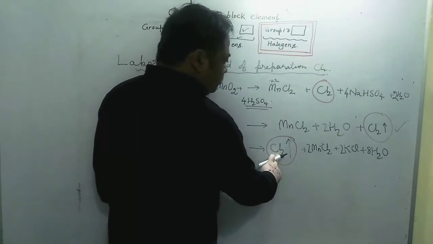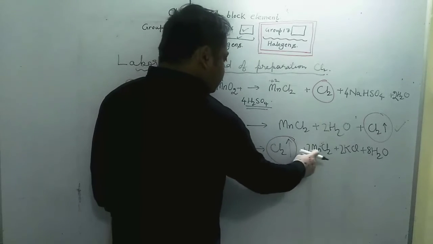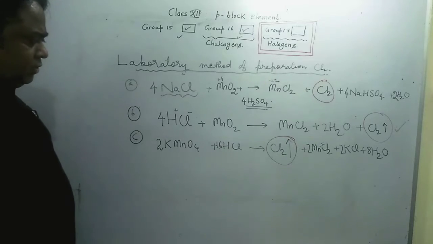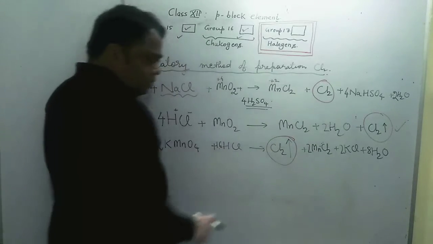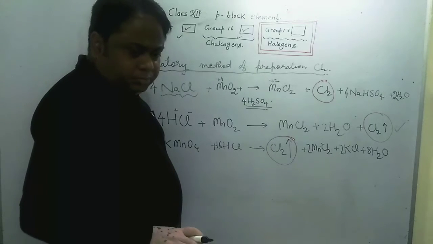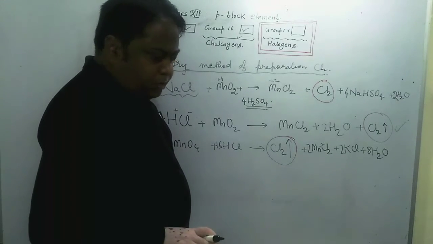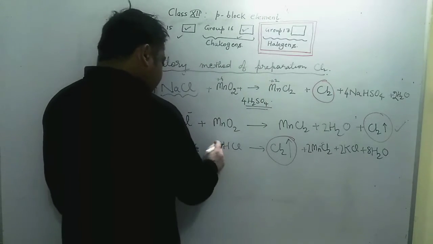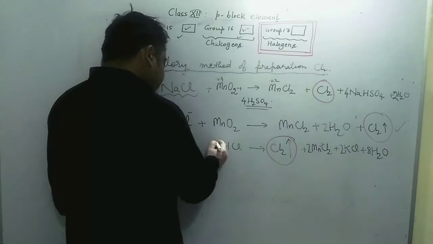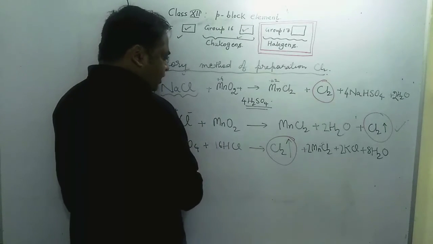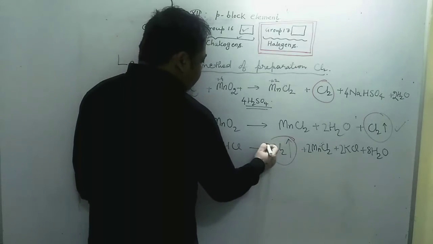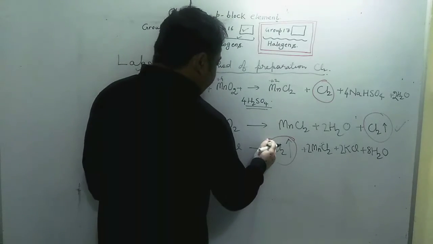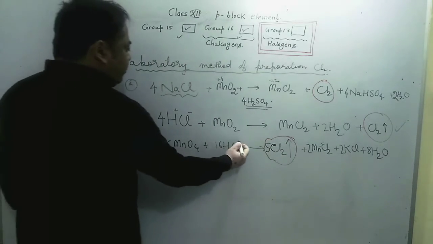This is 2. This is 4, 5, 6. Okay. The rest of the chlorine we can balance from here. How many chlorine more do we have to give? Here there are 4 chlorine, 2 chlorine, 6 chlorine, and here there are 16 chlorines. So there is a difference of 10 chlorines, so we make it 5. So in this way, by hit and trial method we can balance it. We only have to keep in mind that we have to oxidize Cl minus to Cl0.